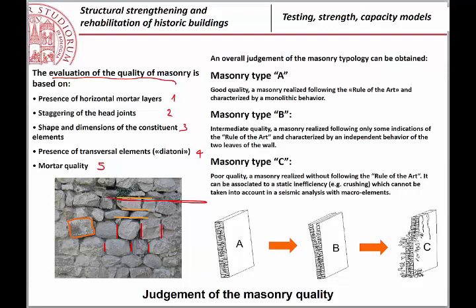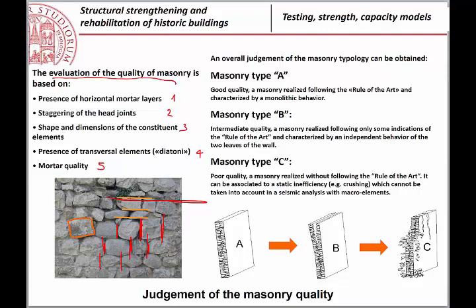The second parameter is how the vertical layers are organized. They are aligned, or they are quite well staggered; you must estimate. Then the third parameter is the shape and the dimension of the elements, in particular of the bricks.